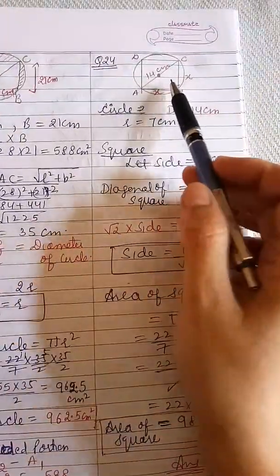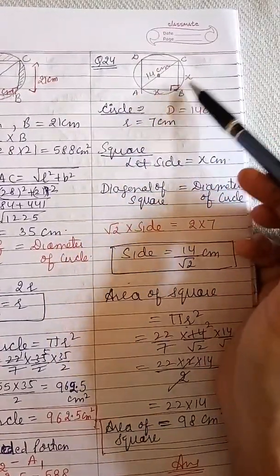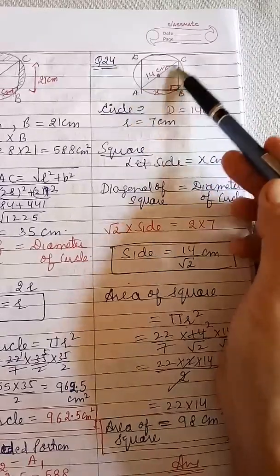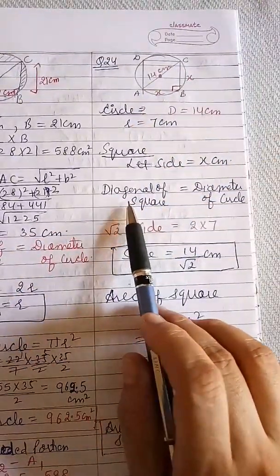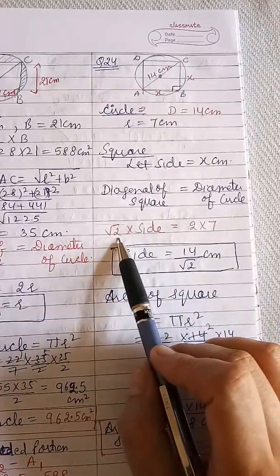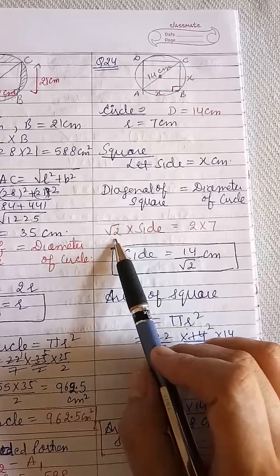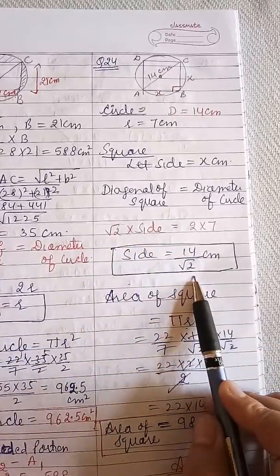So 24th is also same. So here a square is inscribed in a circle and we don't know the side. Let the side be x, and here the radius of the circle is given 7. So diameter will be 14, and one thing we know, the diagonal and diameter are same. We know the formula of diagonal of square, root 2 into side, it is 2 into 7. So side is 14 divided by root 2.